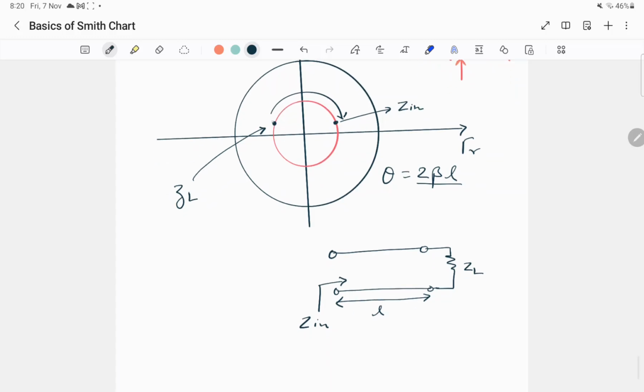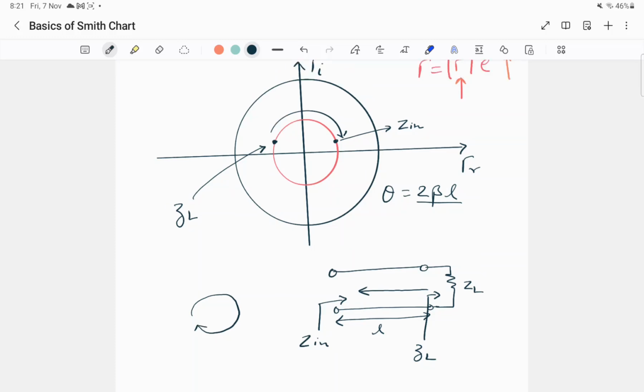Why? Because this point was telling you the impedance at the load. When you move away from the load towards the generator, you basically move in the clockwise direction.